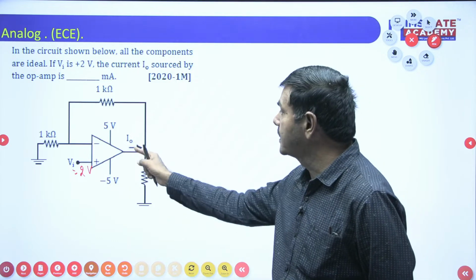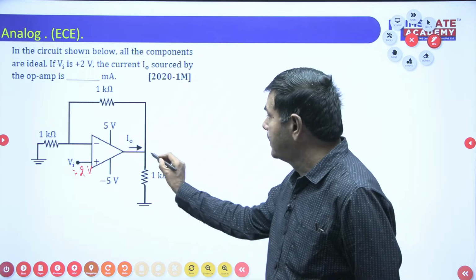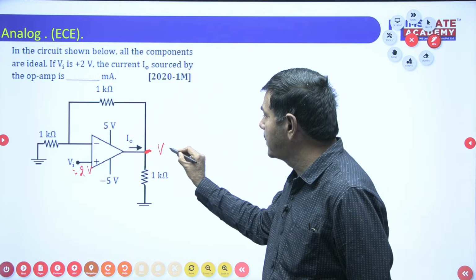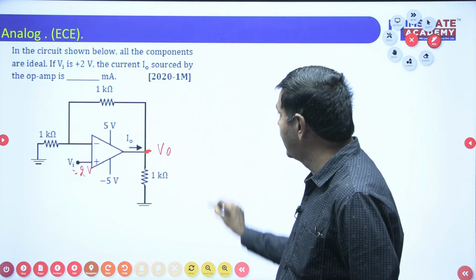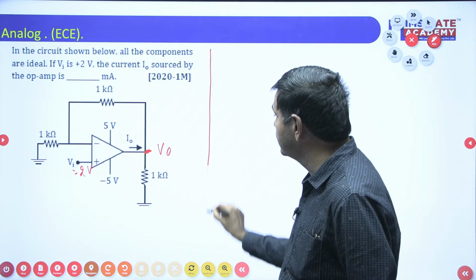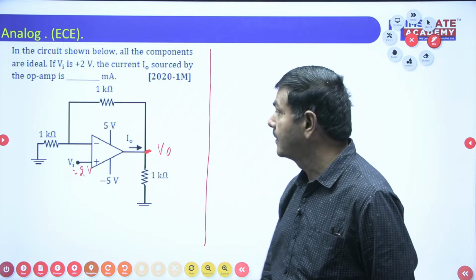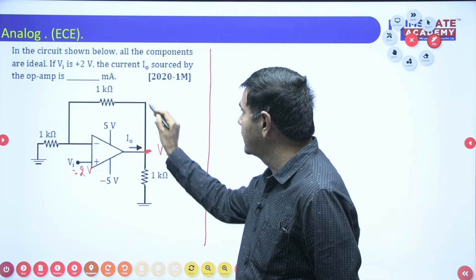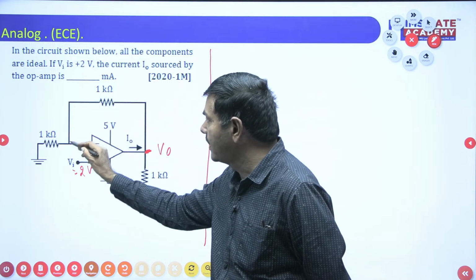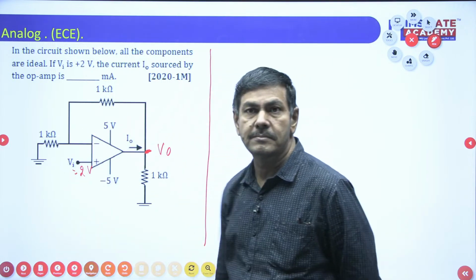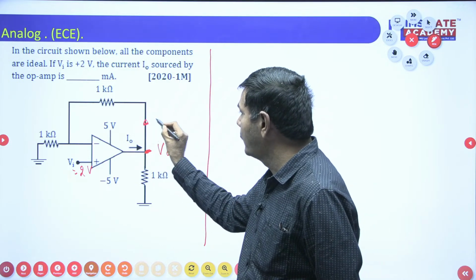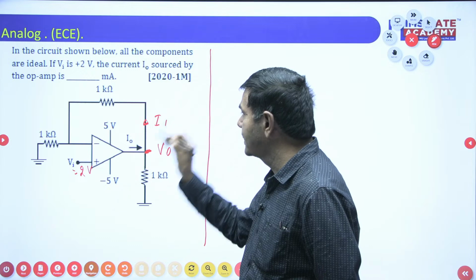How can we measure this I0? From this point I can get the output voltage V0. Once I get the output voltage V0, current is going to flow in this direction and reach the ground. That current I can take as I1, for example.